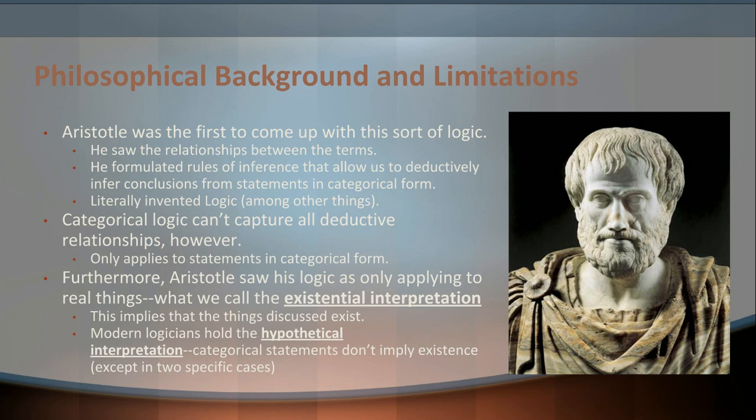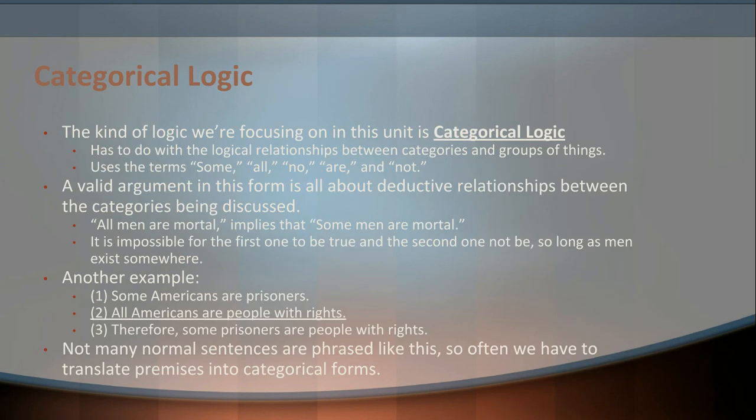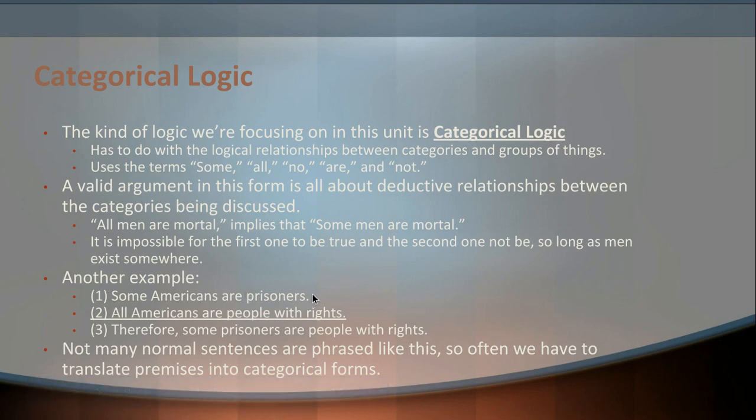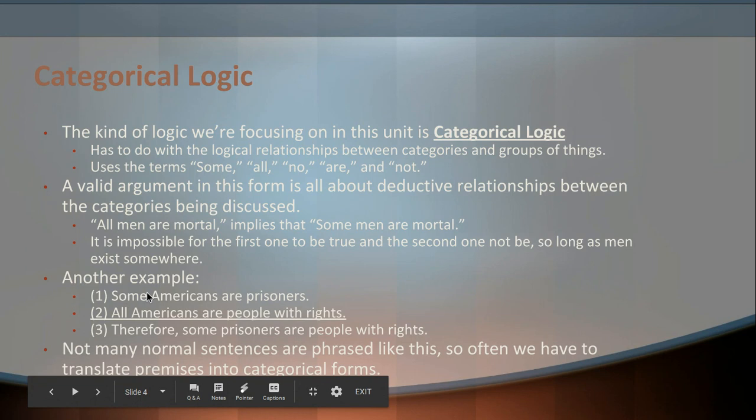So again, we're working with statements in this categorical form that deals with the relationships between categories and groups of things, which means that we use terms like some, all, and none. So, like some Americans are prisoners. Aristotle held that if this statement is true at all, it's because there actually are some Americans. And in this instance, modern logicians would also agree.